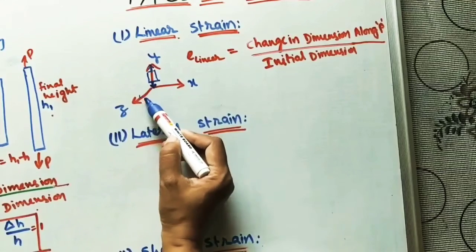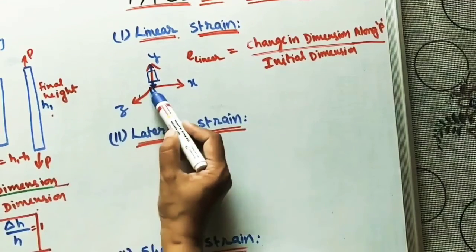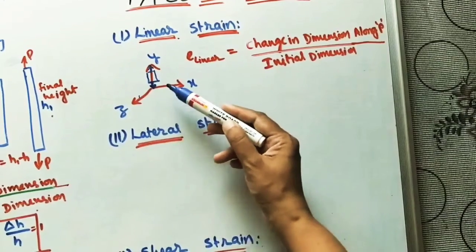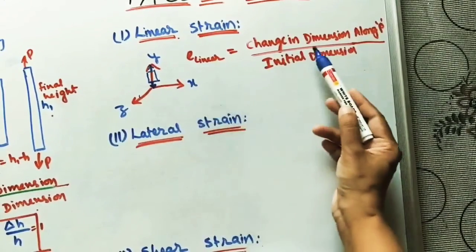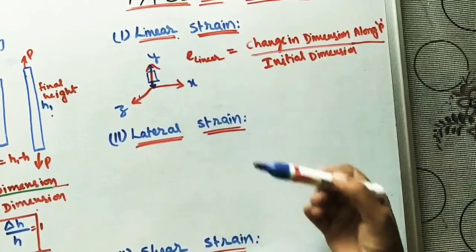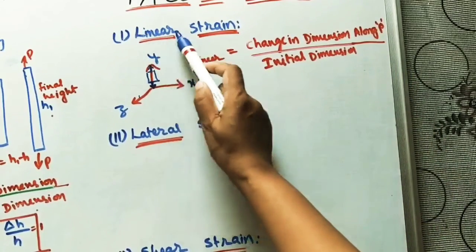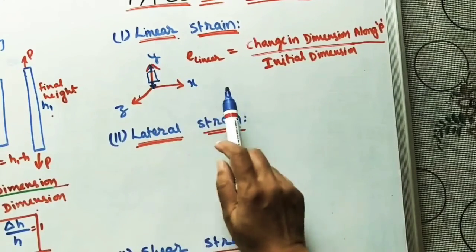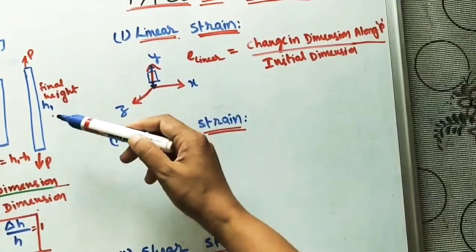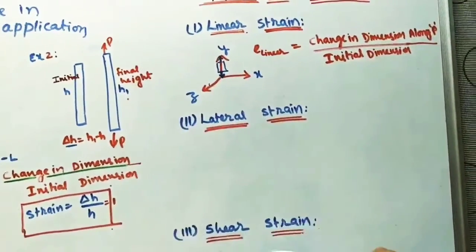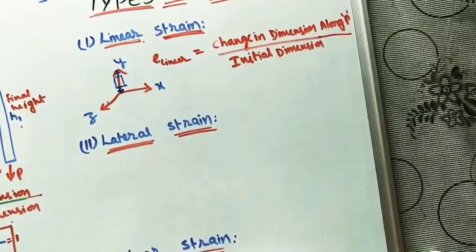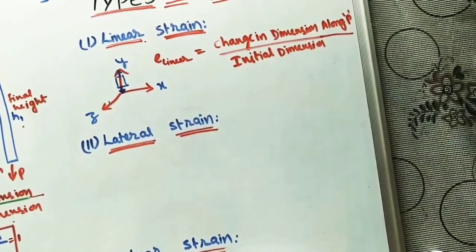If I am taking the object in the z-axis, it is the linear strain along the z-axis. So whatever axis we are taking, how much change in dimension relative to the initial dimension along that axis, this ratio is called linear strain. It is not always along the x-axis or the length only; in this case we are taking it along the height. So linear strain means along the taken axis of the applied load, the applied load axis.